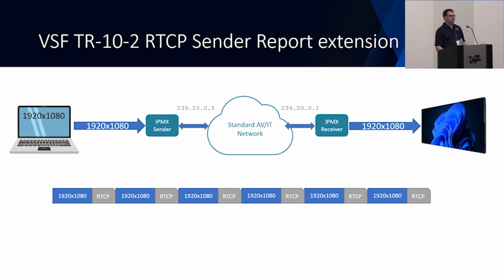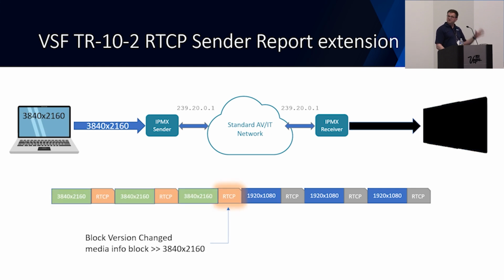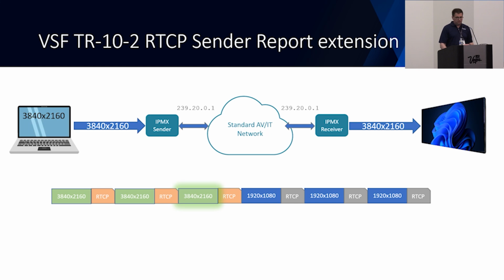Let's say that someone with a high budget comes just after me and has a fancy laptop supporting 4K. What's going to happen? Don't worry. There is no need to go through all the SDP file exchange again, because when the unplug and plug happens, the sender will detect the new resolution. It will modify its RTCP sender packet information that will flow along the data, and the receiver will receive the RTCP packet before the video frame.